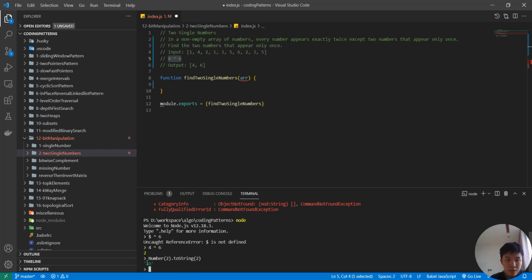Let's look at this binary representation.